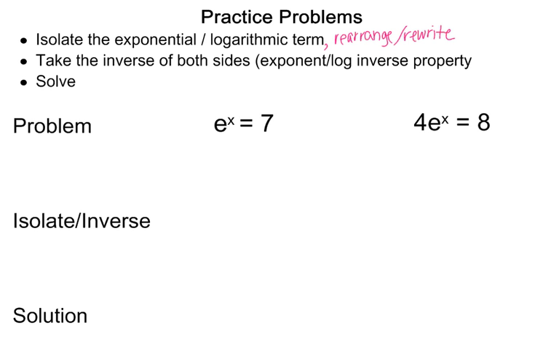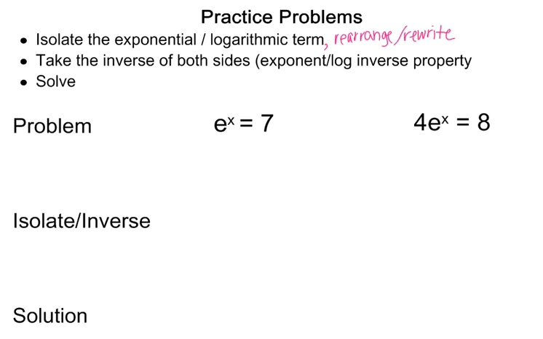So once your exponential or log term is isolated, you do whatever rearranging and rewriting that you need. You go ahead and cancel stuff out. Take the inverses of both sides. So if you have an exponential thing, you're going to take a log to cancel it out. If you have a log thing, you're going to make it exponential to cancel it out. Then you just continue to solve as you need to.